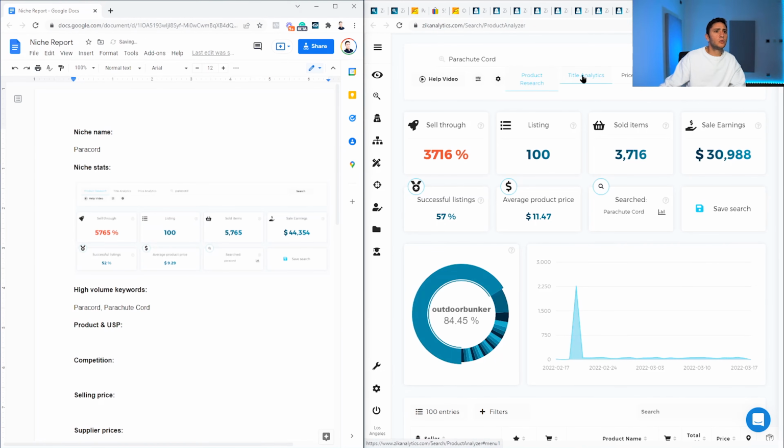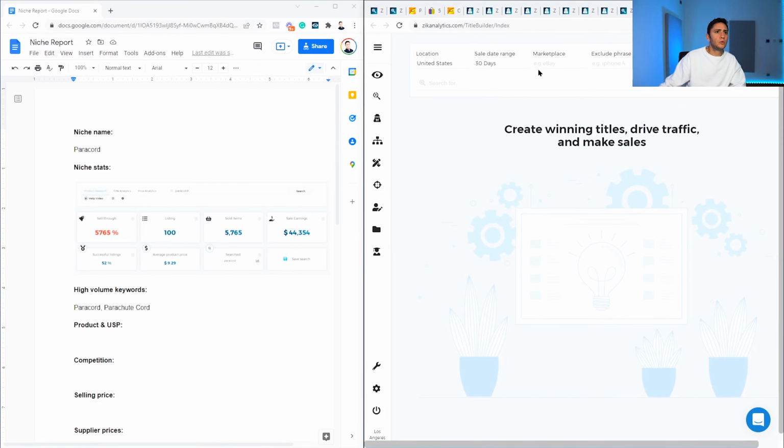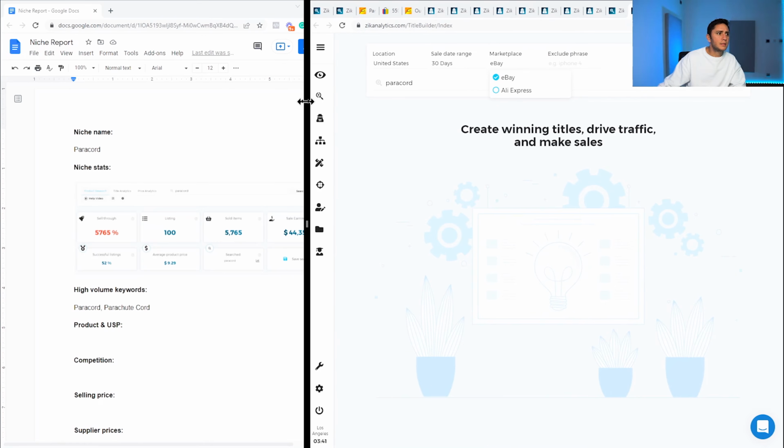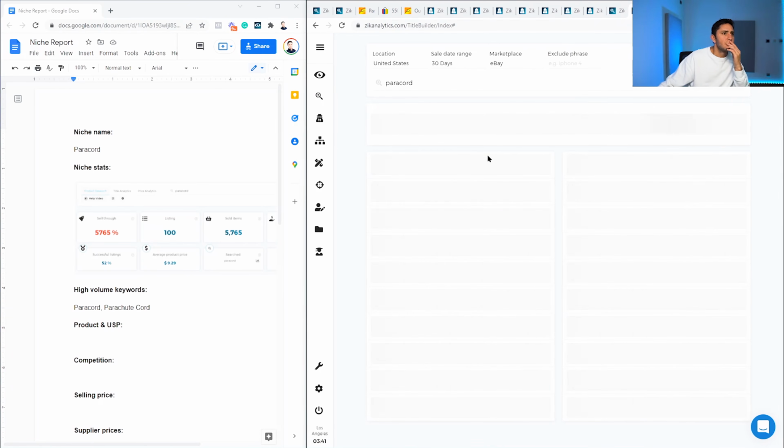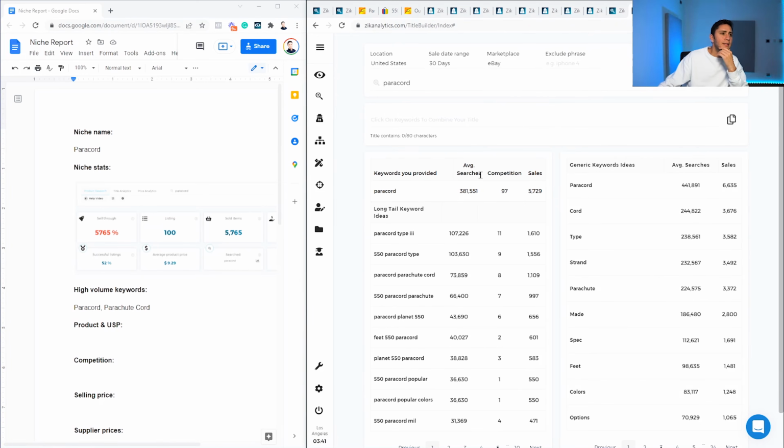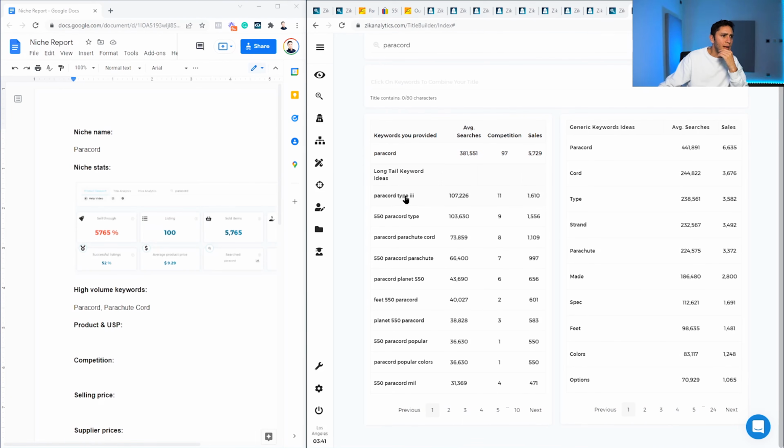Another way to know it's go to the title analytics or run search inside the title builder. So I can go to the title builder. I can write here paracord. Oops, I have to choose eBay's marketplace. And then in the title builder, I will get the top selling keywords. So paracord type.